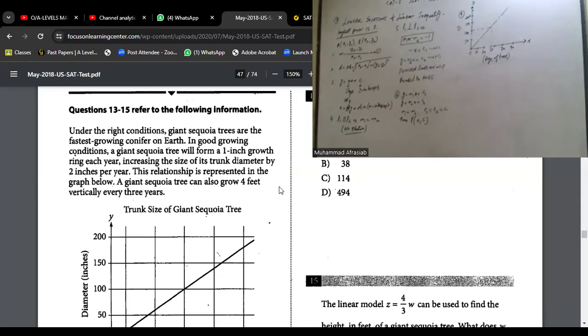Questions 13 to 15 refer to the following information. Under the right conditions, giant sequoia trees are the fastest growing conifers on Earth.